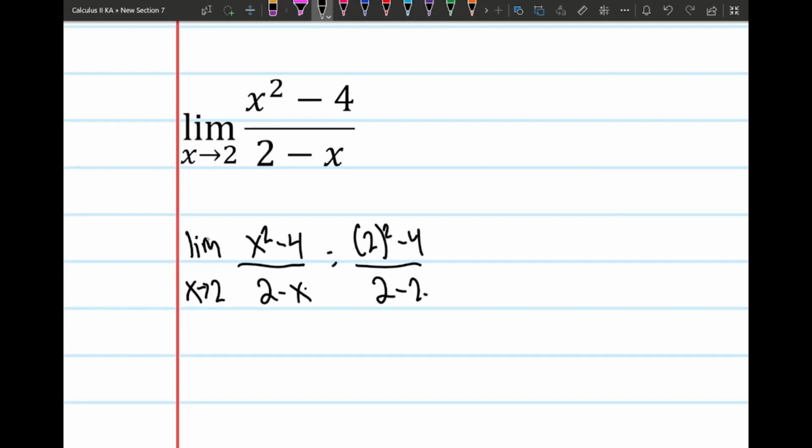We're just plugging in 2 for x, and obviously we get 0 over 0, which means, oh no. Students either get stuck here or make a very common mistake that we really have to watch out for, because it's very easy to get the wrong answer.